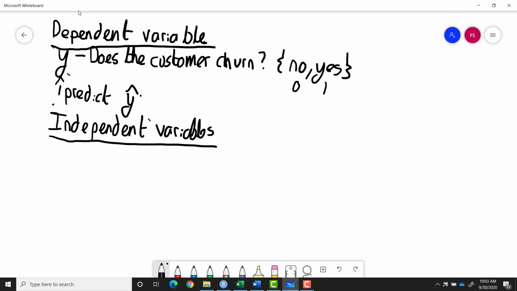We're going to have maybe something like how long they've been a customer, so number of years as a customer. The annual price of the plan.